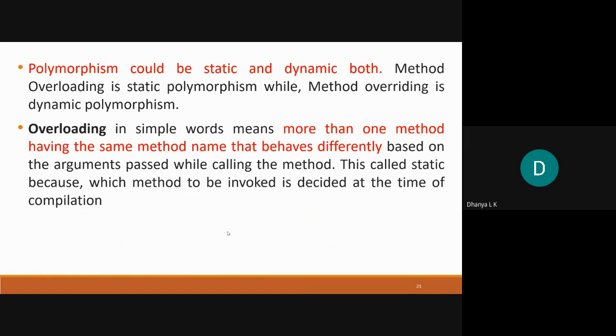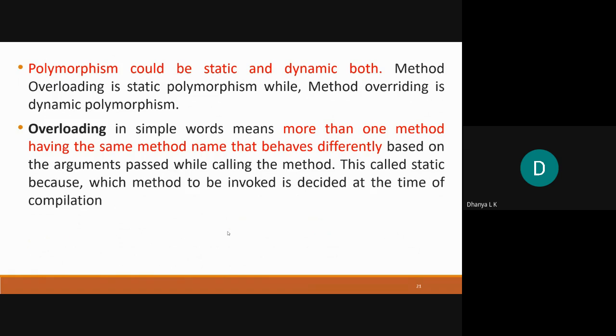That is compile time polymorphism or static polymorphism. That is also called function overloading. These three terms are the same. That means the same name, different behavior, but the behavior will be decided at compile time.